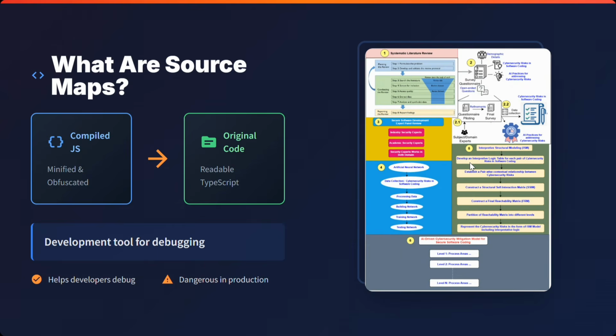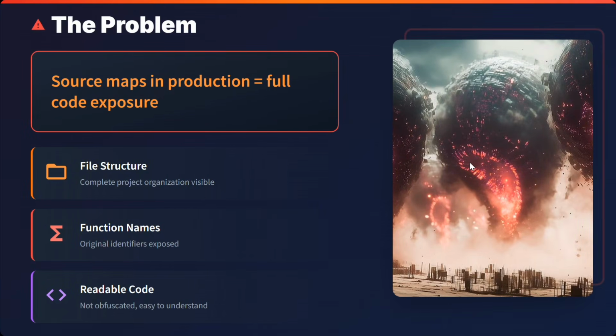So these map files basically are used in npm for debugging your entire code, and hence that 60 MB map file has the entire Claude code for you, which got leaked. Source maps in production equals full code exposure. By mistake, the team uploaded the map file for Claude code in their production build.